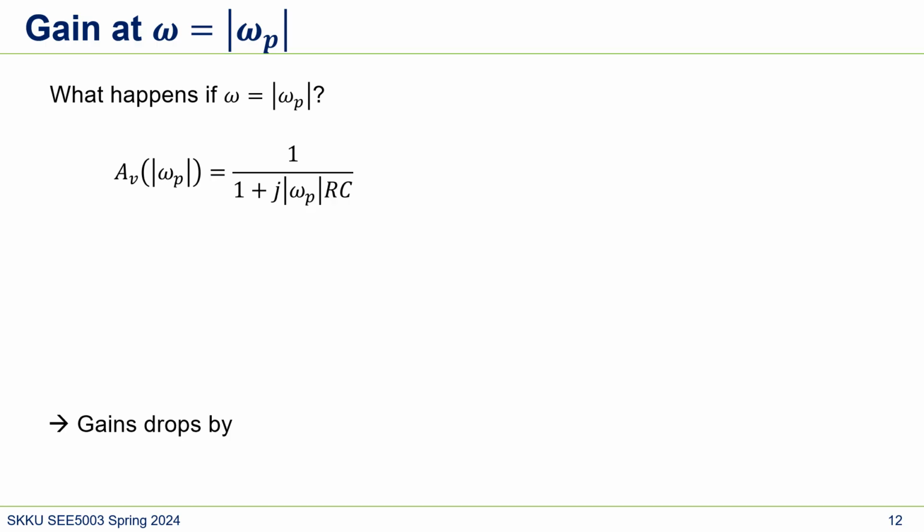Let's look at the gain, what happens at the pole frequency. If you just substitute into the absolute value here, our pole was minus 1 over RC, and this will be 1 plus j, right?